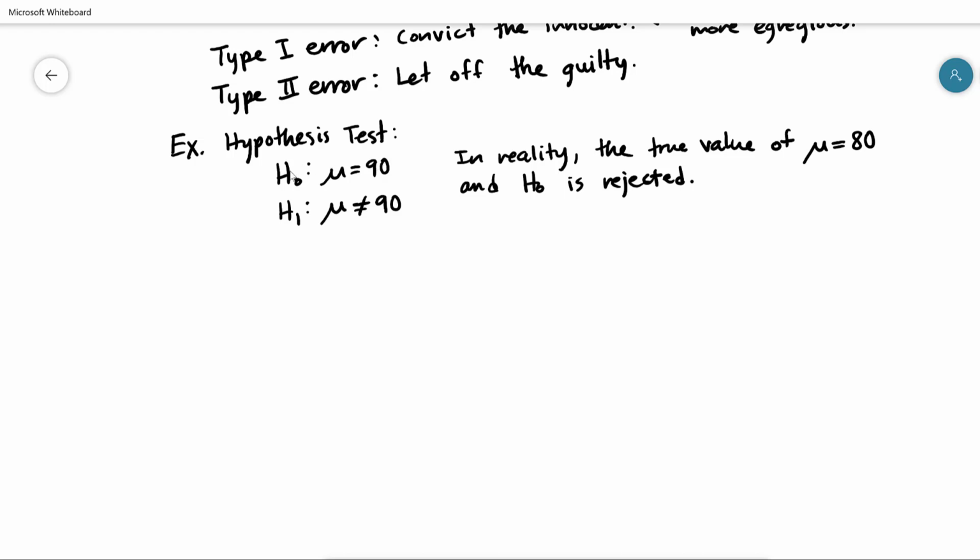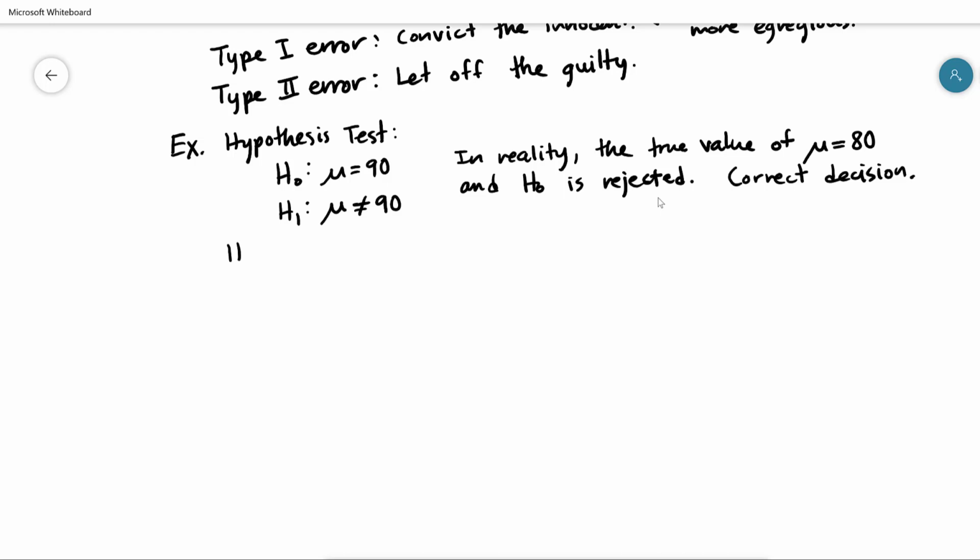If mu had actually been 90, h naught would have been true, but it wasn't. So our h naught is false in reality. And what did we do? We rejected it. So that makes this a correct decision. We correctly rejected our null hypothesis when our null hypothesis wasn't true.